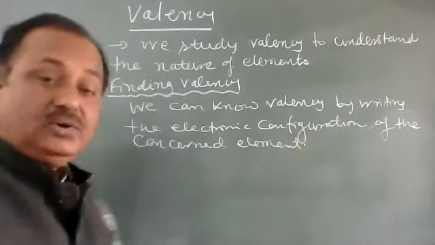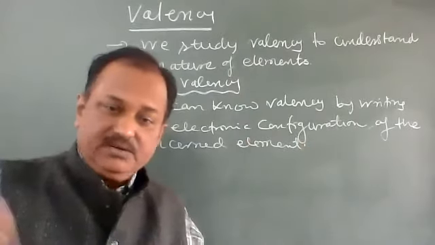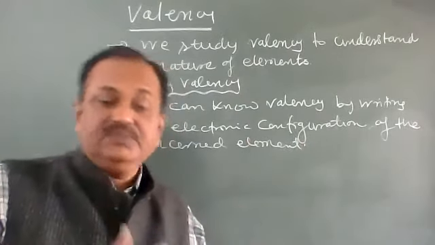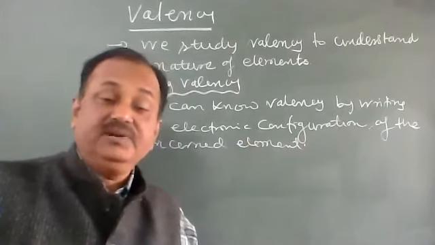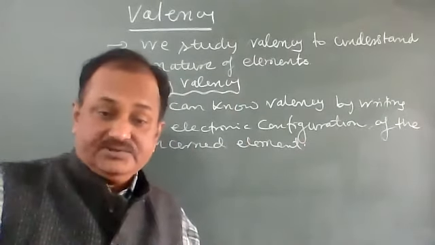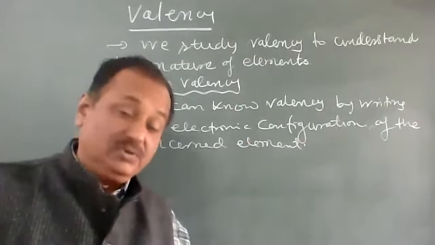Electronic configuration, the distribution of electrons in different orbits or cells, is called electronic configuration.